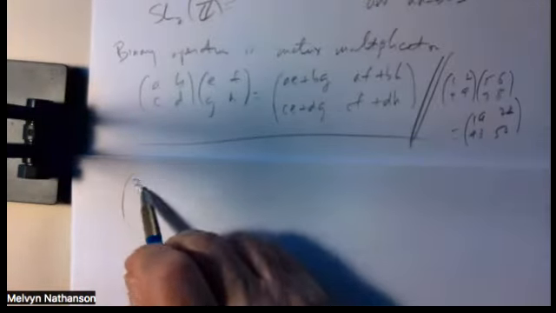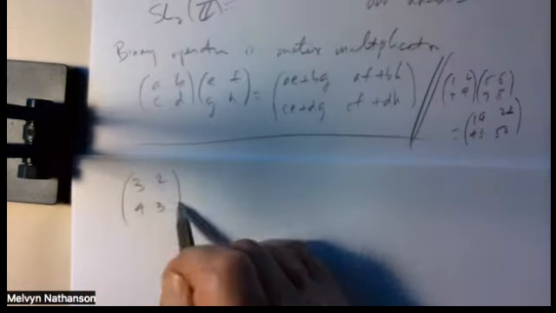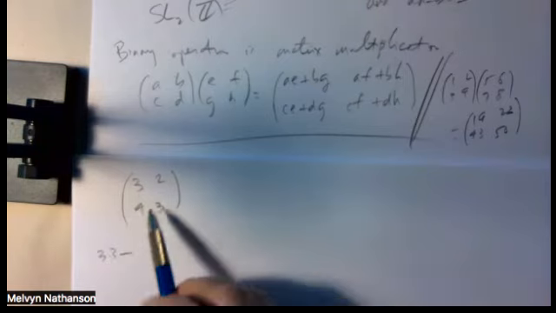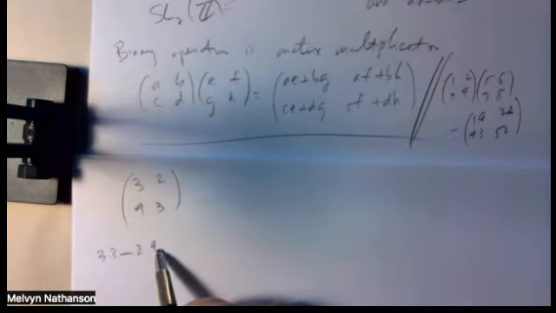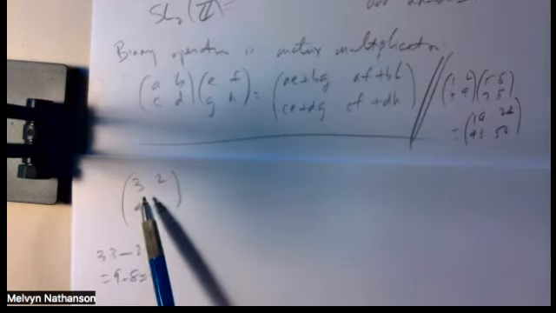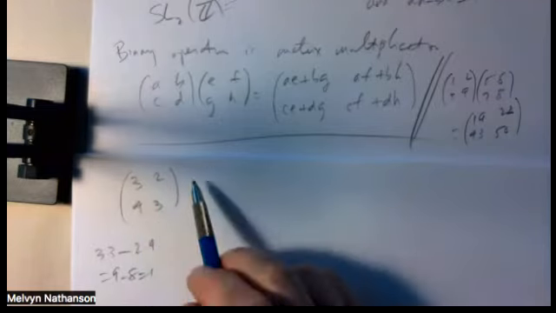So suppose I take 3, 2, 4, 3. For this matrix, 3 times 3 minus 2 times 4 is 9 minus 8, or 1. So this matrix satisfies my conditions. It's a 2 by 2 matrix with integer coefficients.